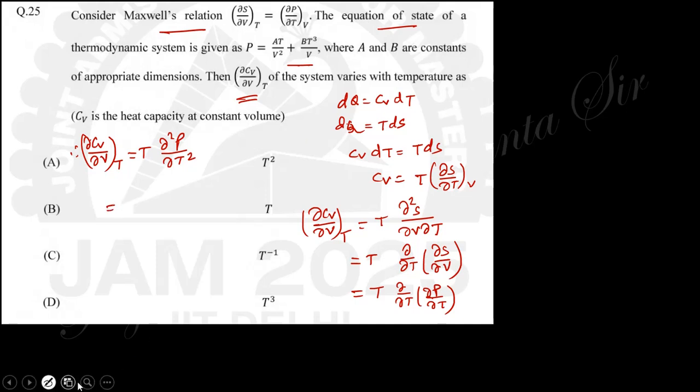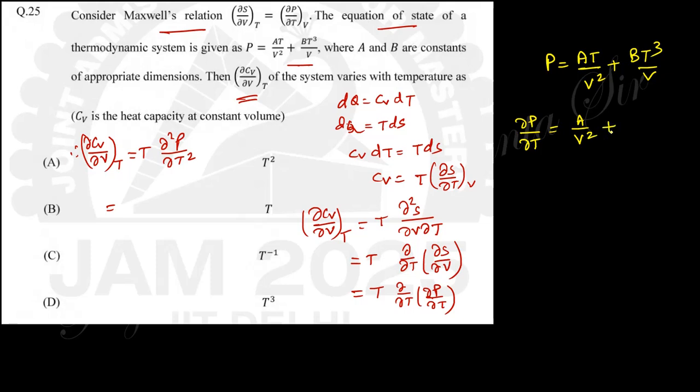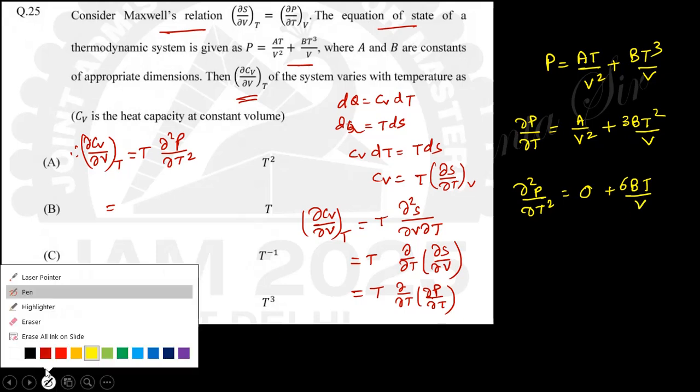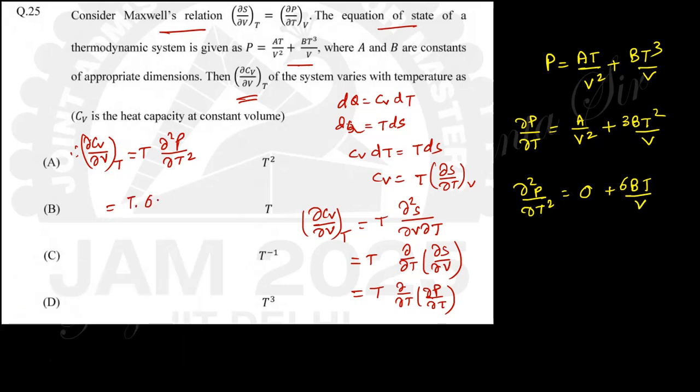Now take the partial derivative of this function, P equals AT by V square plus BT cubed by V. Taking the partial derivative with respect to temperature gives A by V square plus 3bT square by V. Differentiating again with respect to temperature gives 0 for the first term and 6bT divided by V. Putting this in, T into 6bT divided by V is 6bT square by V. Hence del Cv del V at constant temperature varies as T square.